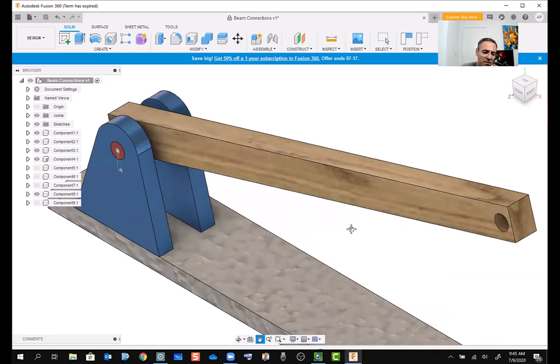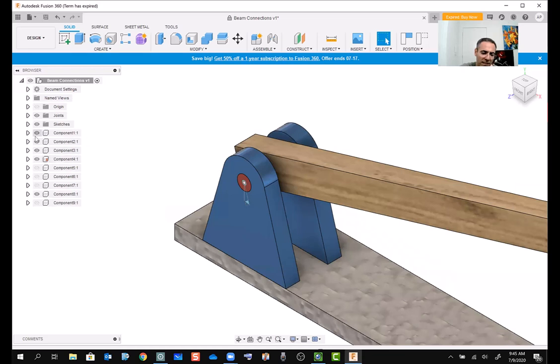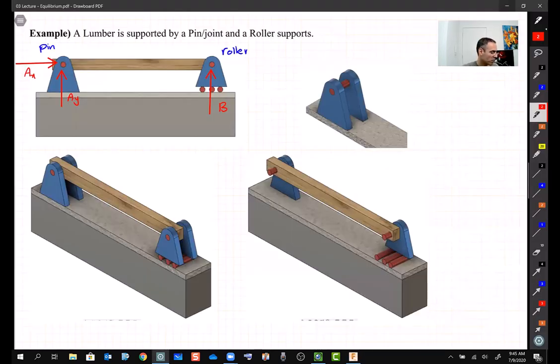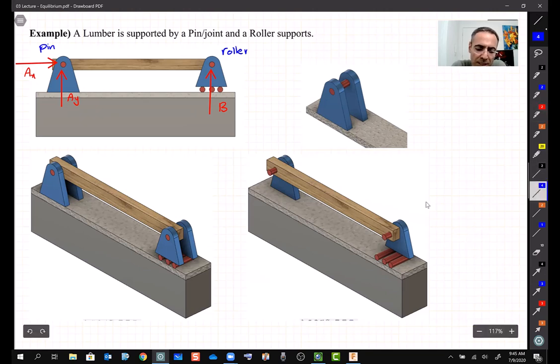Why? Because it is a joint. And how does the mechanism of this joint work? Well, it's a simple pin, the wood, and then we have the support here, right? This is how it works in practice when we talk about a support. But in your course, when we draw these things, we draw the schematic.